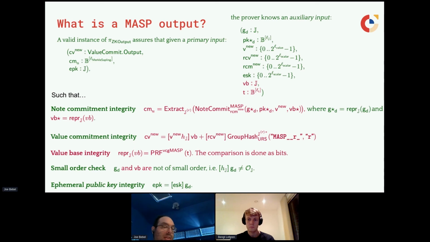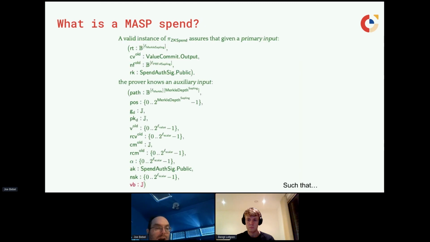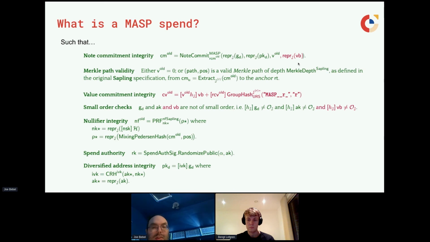You use the asset generator that you've put into the note. However, there's no place in the output circuit to check that the value base is correct, in the same way that there was in the spend circuit. If you recall, in the spend circuit, this value VB, although you're giving it as a private input, it's ultimately compared to the note commitment. And the note commitment came from the note commitment tree, comes from notes that already exist.